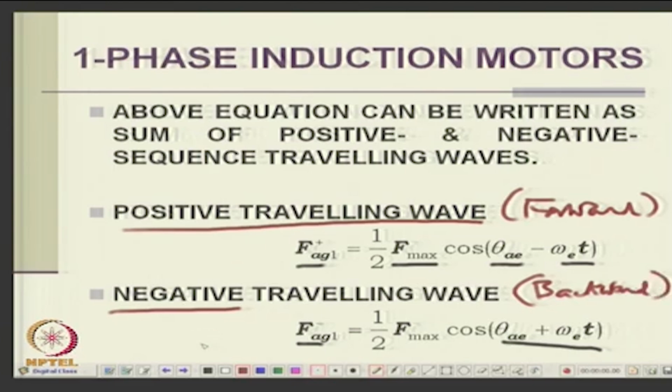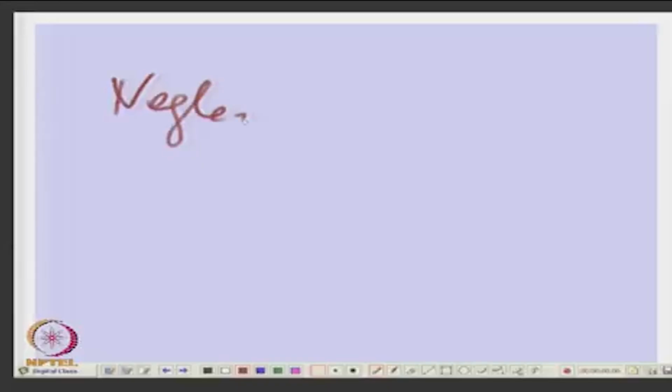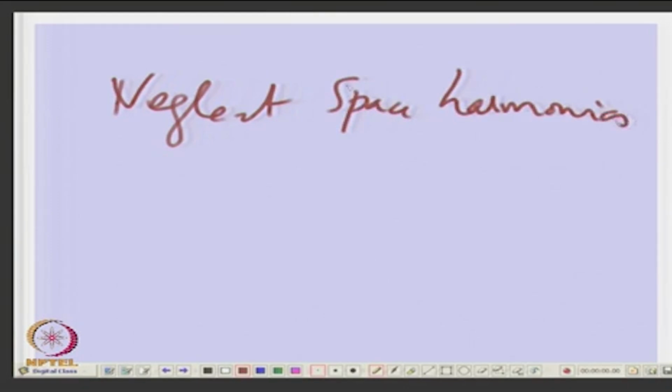What is the nature of these fields? Look at each of these. So, F plus and F minus are the air gap field. This one is the fundamental. Okay. We are neglecting all space harmonics, right. So, the assumption is to neglect space harmonics. What do you mean by that? You assume that the MMF is sinusoidal in space, although it is not.